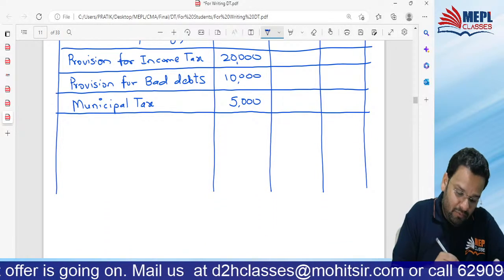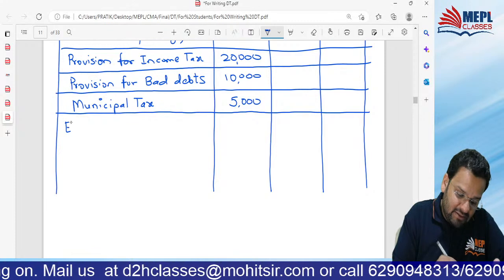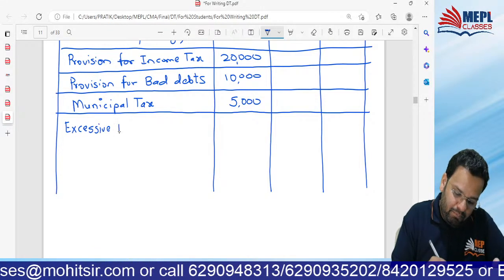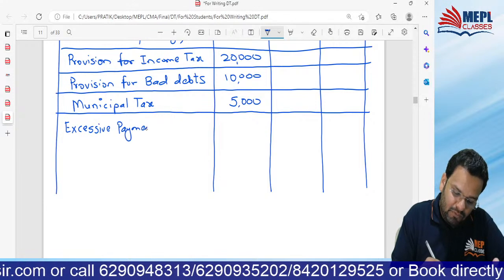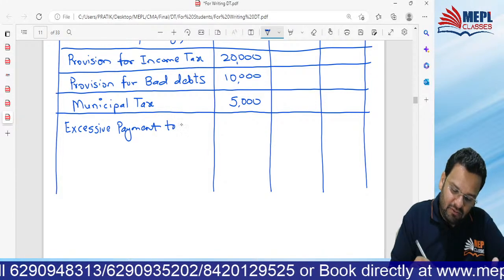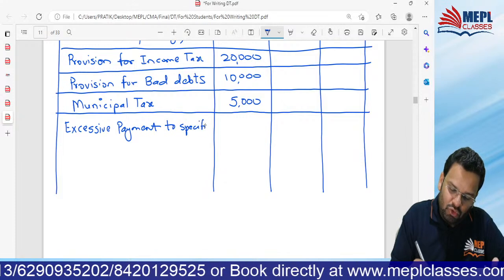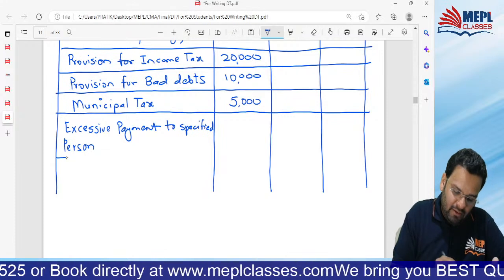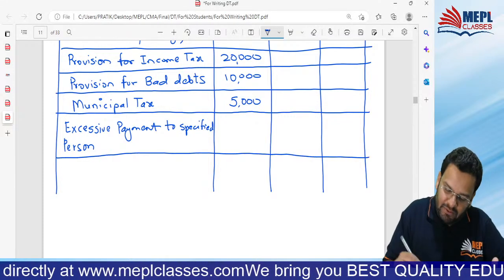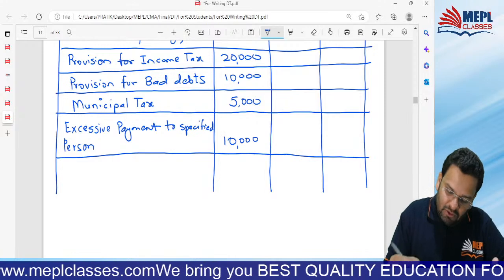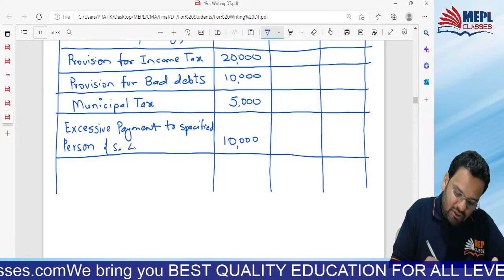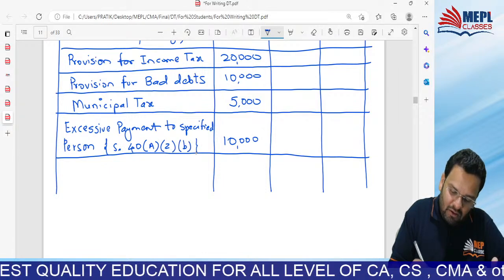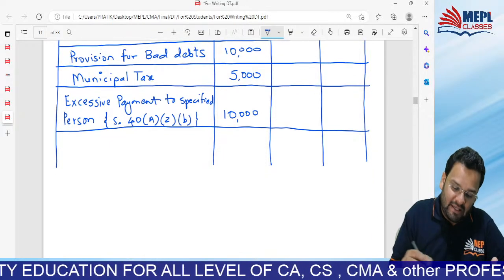How will you disallow? Excessive payment to specified person, that will be 10,000 rupees. This is disallowed as per section 40A(2), if you want to be specific, clause (b) of the Income Tax Act.